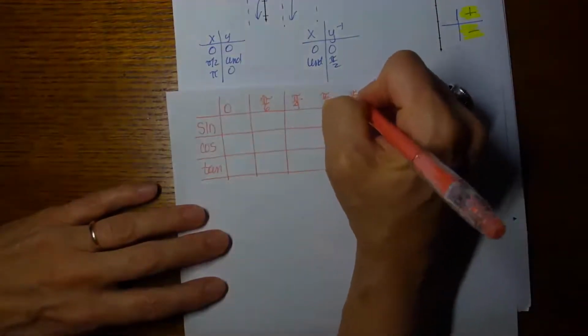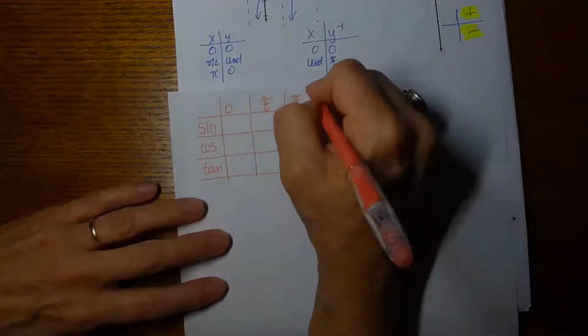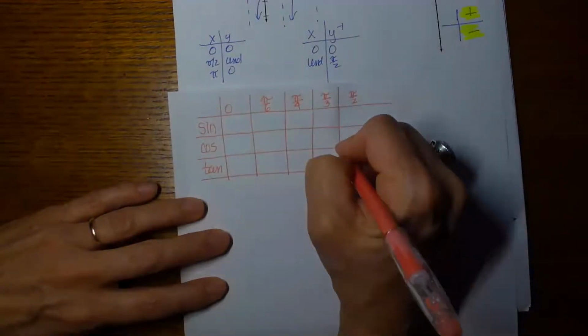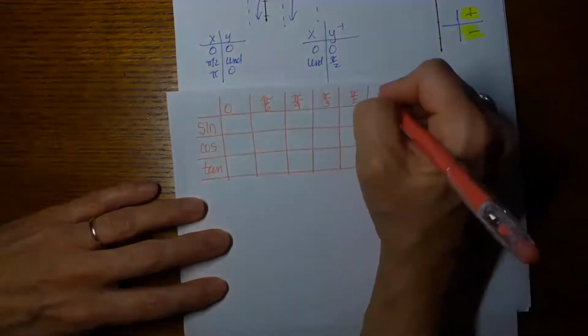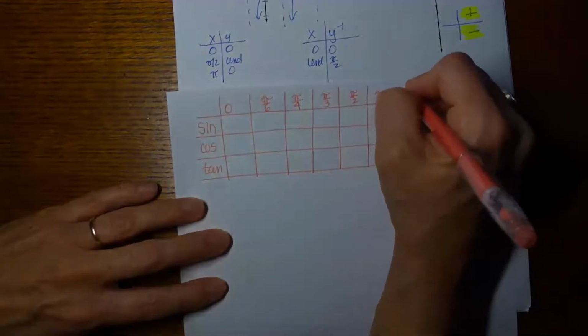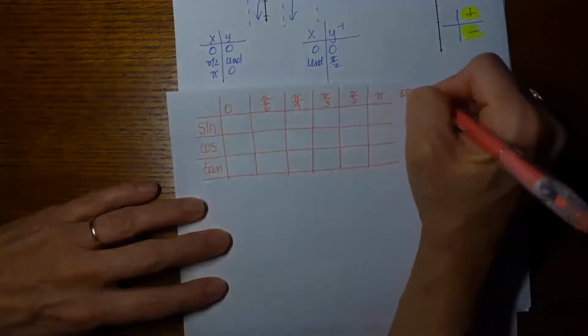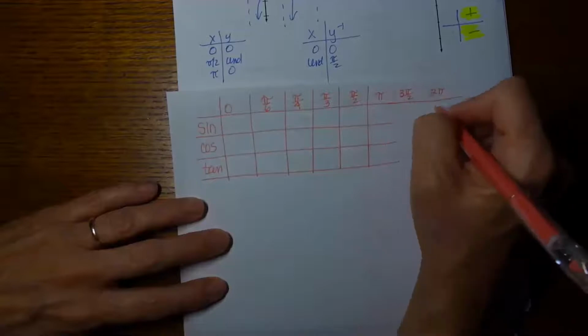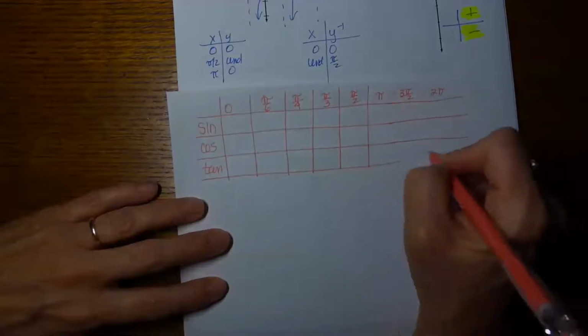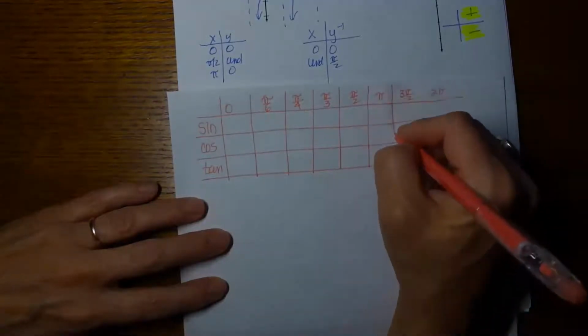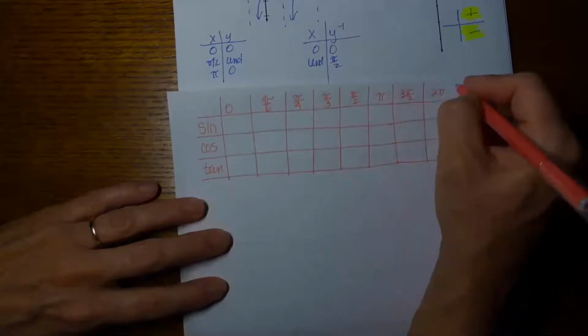Then we'll have pi over 2. And we have pi, 3 pi over 2, and 2 pi. So y'all fill that in real quick. It's much easier if you have this as a visual aid.